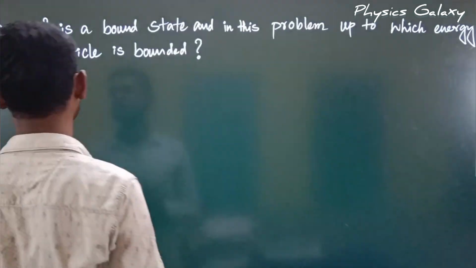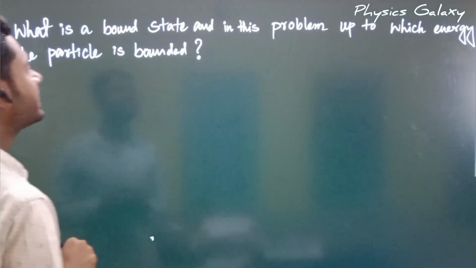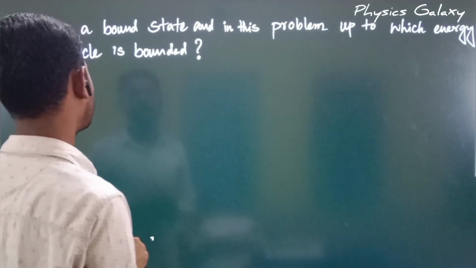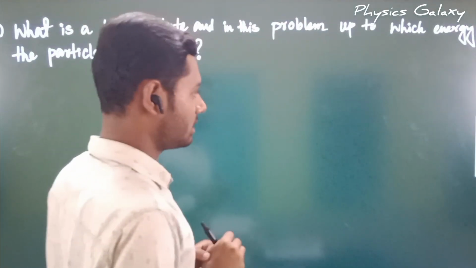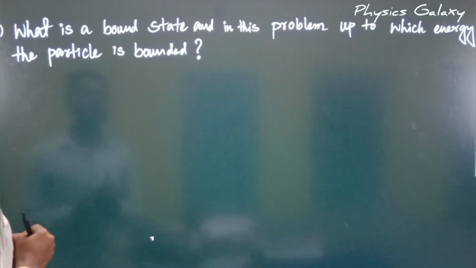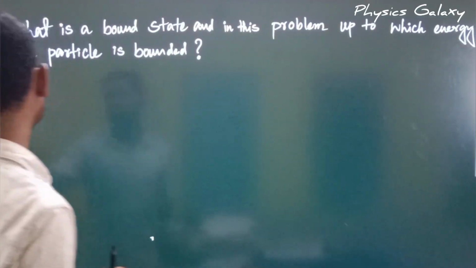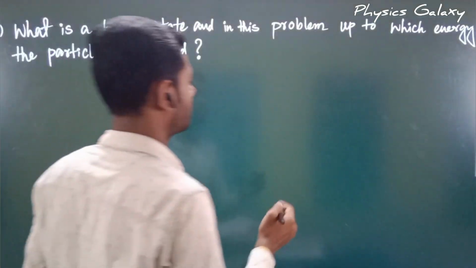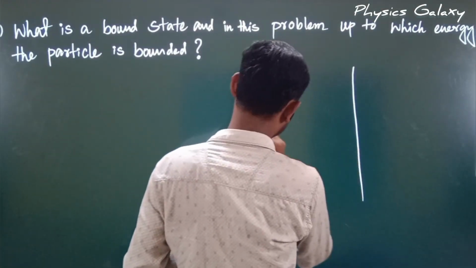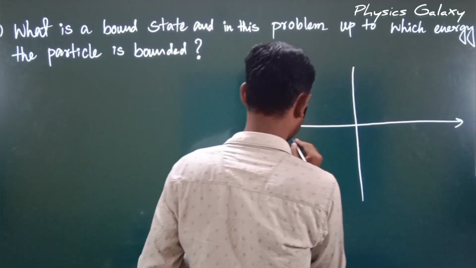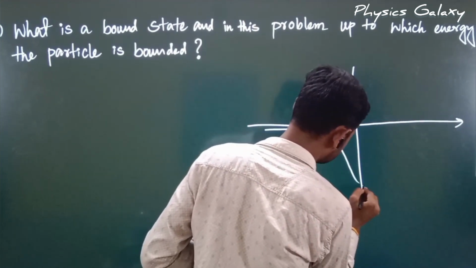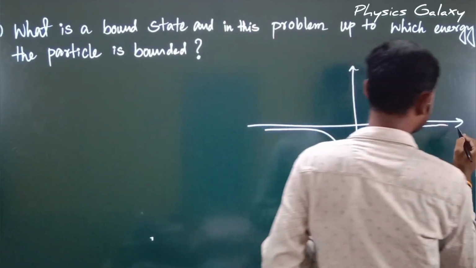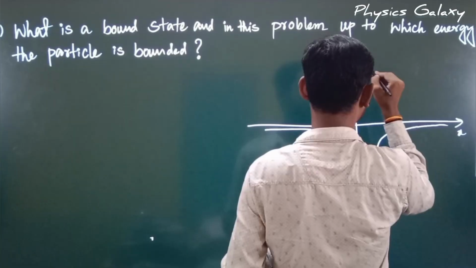Now moving to the next question. What is the bound state, and in this problem up to which energy is the particle bounded? If we want the bound state, I'll draw the same graph again, something like this. This is x and this is V(x).